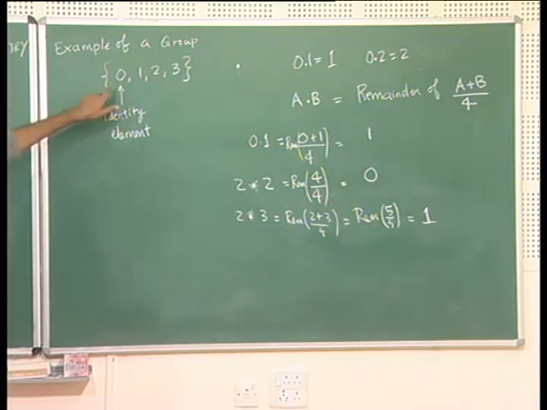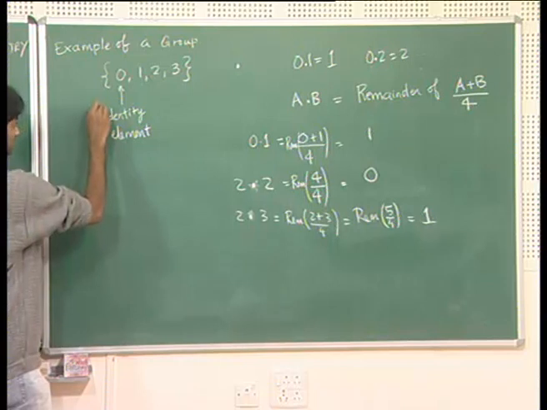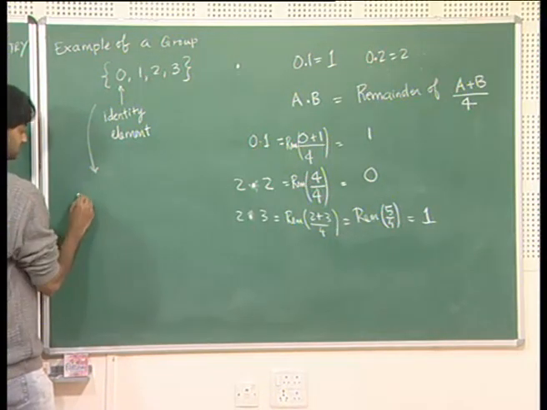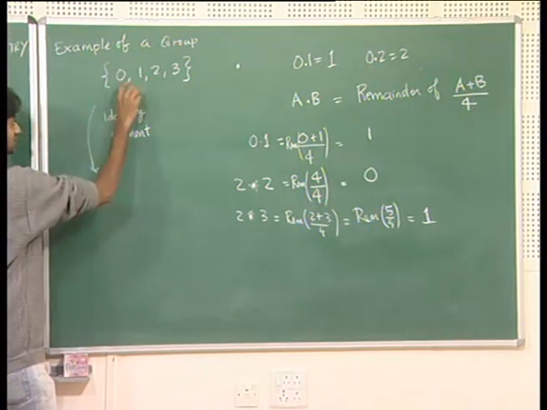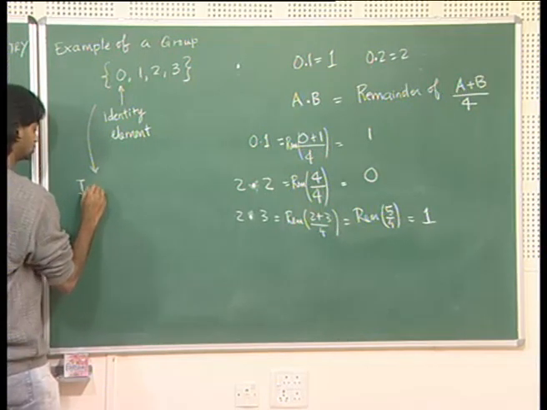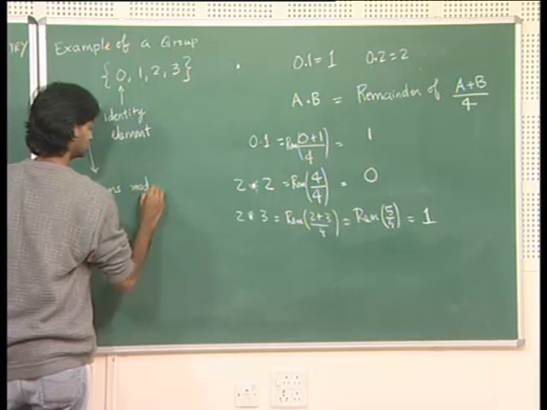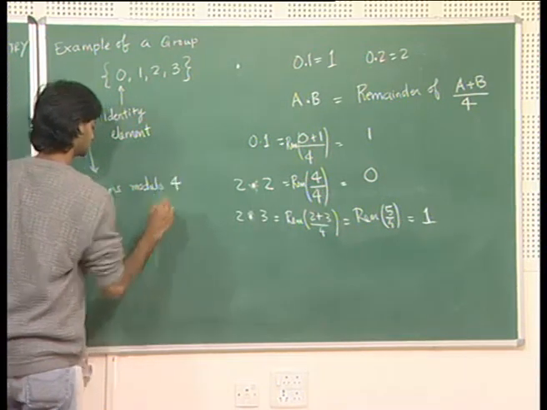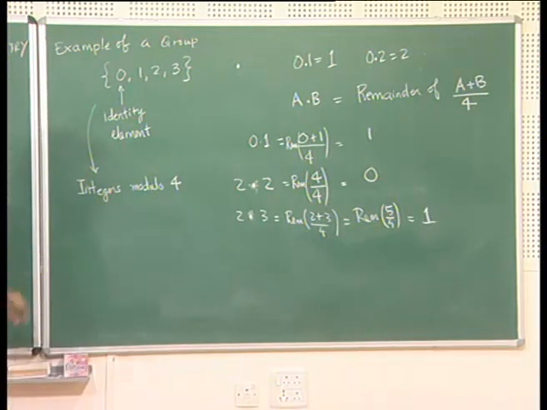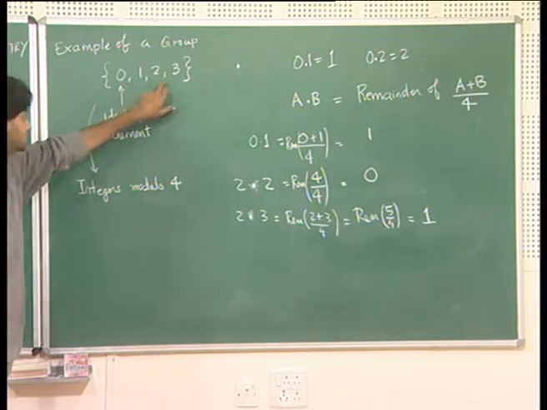And you can also see that 0 is the identity element. This is a set of integers modulo 4. That means the set of integers modulo 4 is 0, 1, 2, 3.